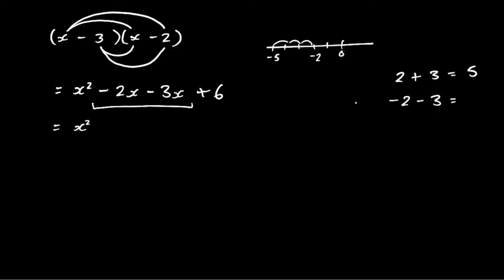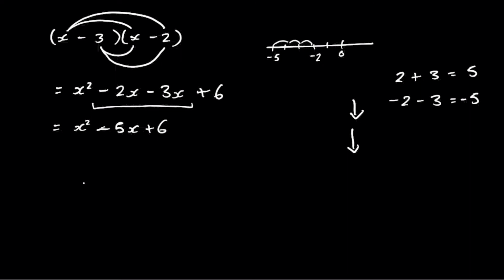Now both these numbers, rather than moving up the number line, are actually moving down, but we're still adding them together, they're heading in the same direction. So combining 2 and 3 gets us 5, but of course they're both negative, so they're actually minus 5 when we combine them. So we can see that this is going to give us minus 5x. And then the plus 6 remains exactly the same. Okay, that's your final answer.